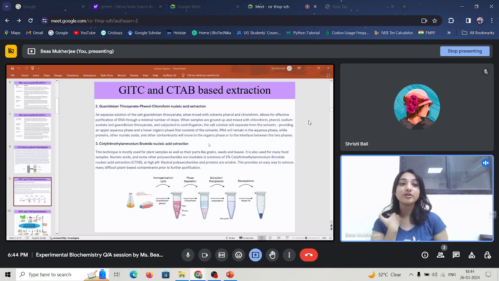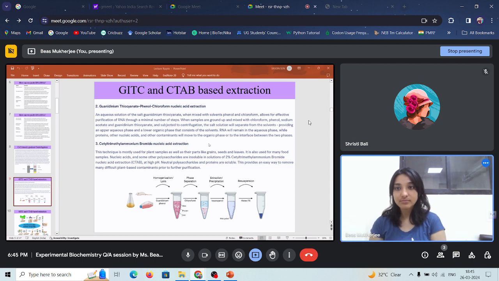So this guanido group, and then isothiocyanate, which means there is a cyanide group, and it is going to participate in denaturation of the proteins. When you add guanidinium chloride, guanidinium hydrochloride, it also denatures proteins.